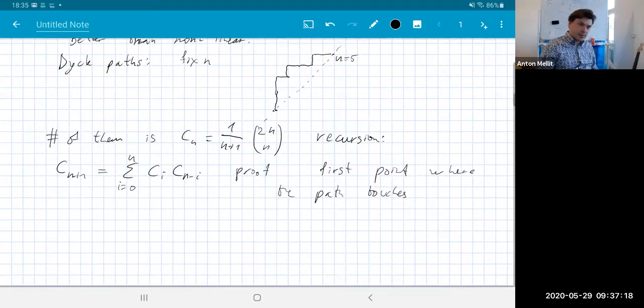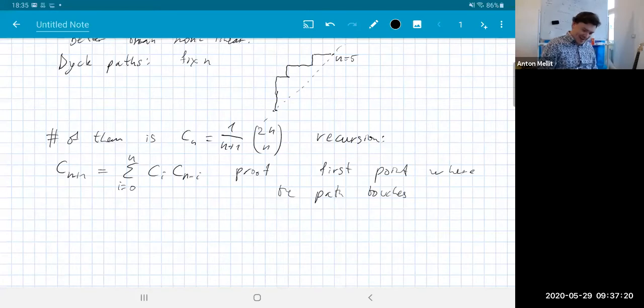So the first point where the path touches, in a picture like this. Let's suppose this distance is i, starting from 1. This distance is i, and this distance is n plus 1 minus i.